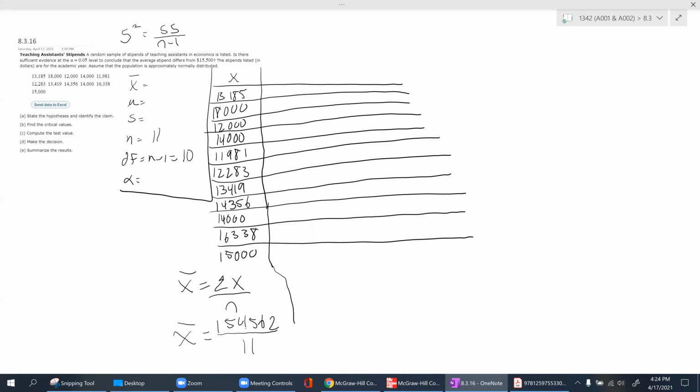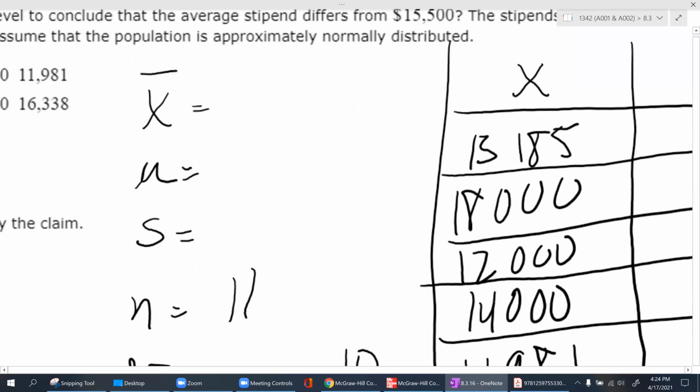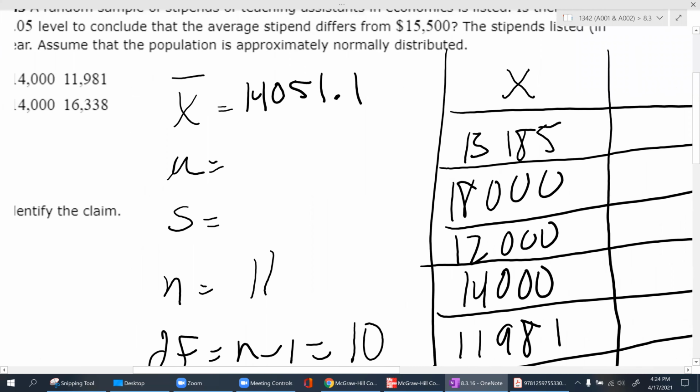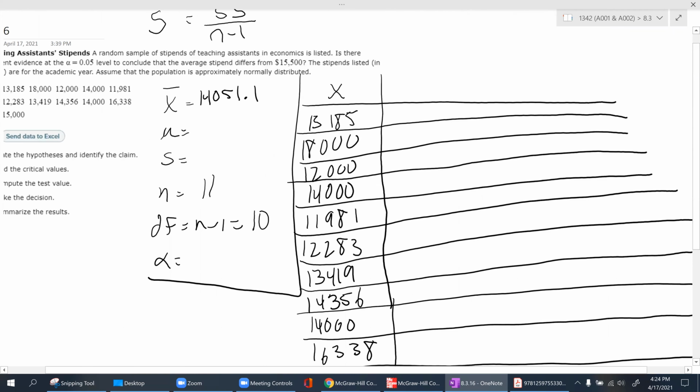Divided by 11, meaning my X bar, my mean, is just 14,051.1.